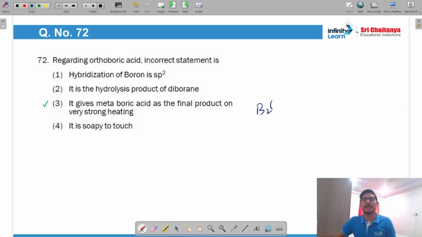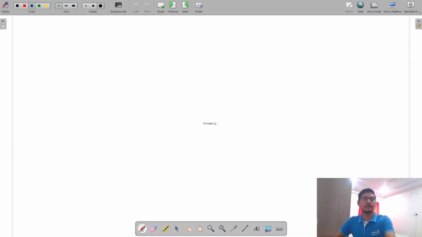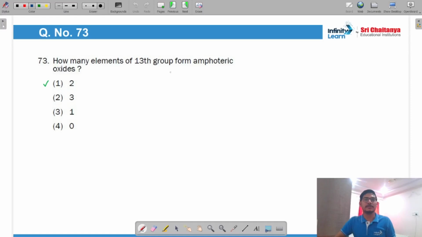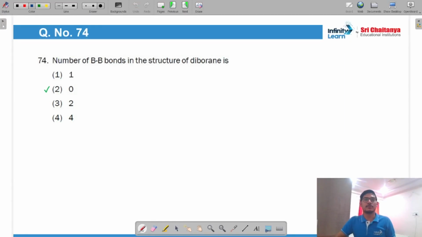No, it gives boric anhydride, B2O3, as the final product of heating. The other 3 are correct. How many elements of group 13 form amphoteric oxides? Okay, it is 2 elements. These are the last 2 elements, indium and thallium. The number of boron-boron bonds in the structure of diborane is 0, because it does not have bonds between the boron atoms, right?